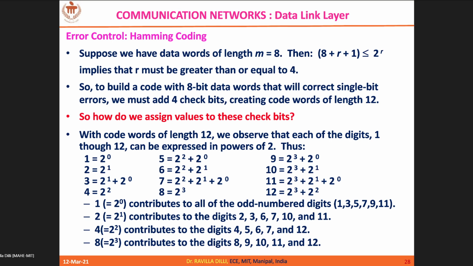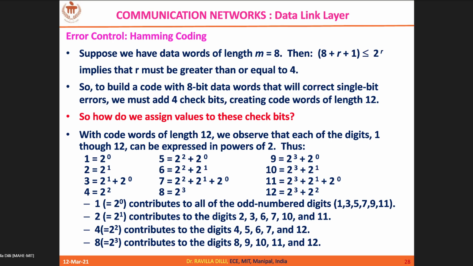Same way, R2 is the position bit values corresponding to 2 power 2, which is 4 XOR 5 XOR 6 XOR 7 XOR 12. So 4 we are yet to calculate. So 5 is 0 XOR 6 is 0 XOR 7 is 1 XOR 12 is 1. So this is 0.